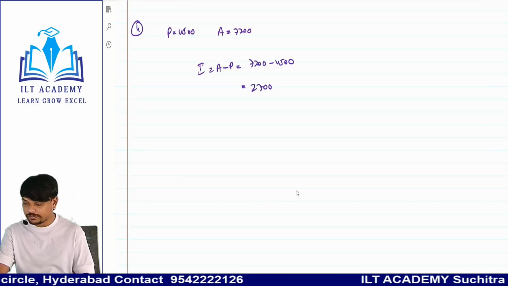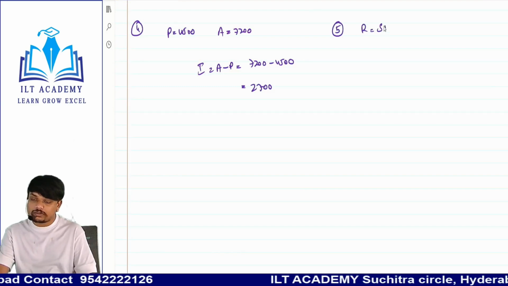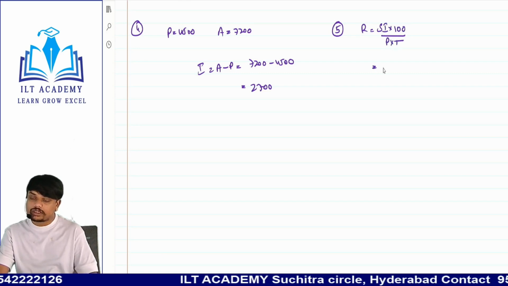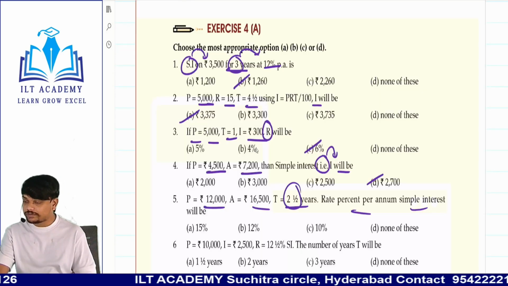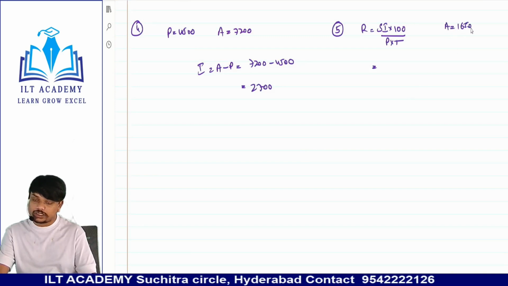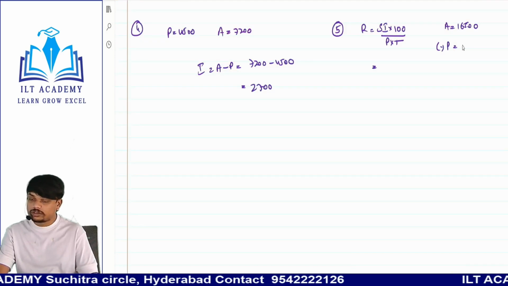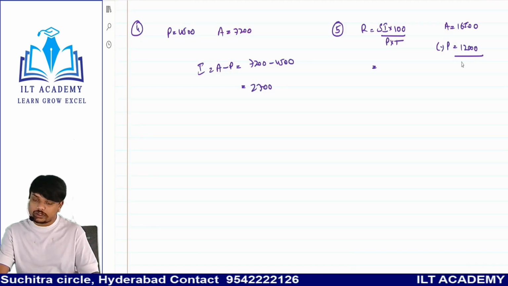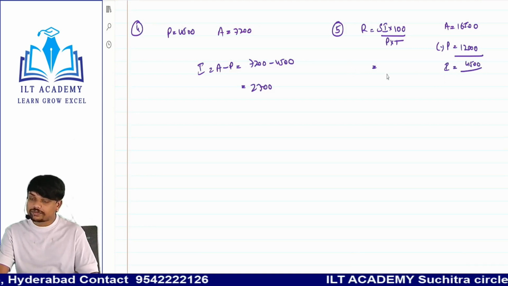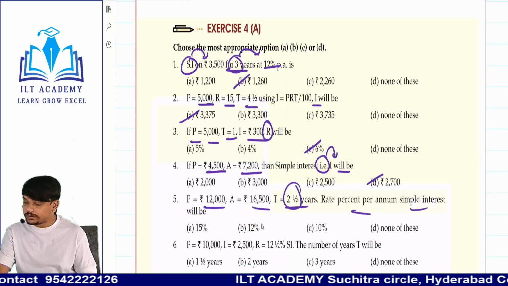Rate percent per annum. Now, what is this? Rate is equal to nothing but simple interest into 100 divided by principal into time. So, what is the simple interest in this question? Amount is 16,500 minus principal 12,000, which is 4,500 as the interest part, into 100 by principal into time.